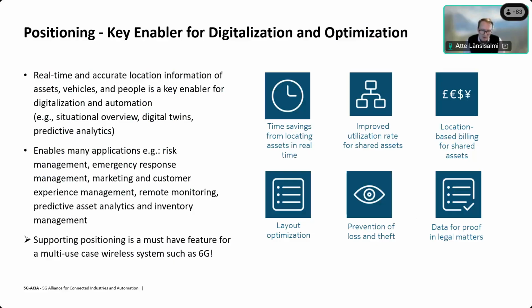And positioning, if we just look at that and consider that as something that the communication device, like a 5G device, also has this capability of being positioned, that is a key component for digital twinning the environment.